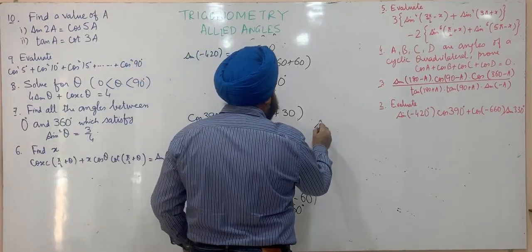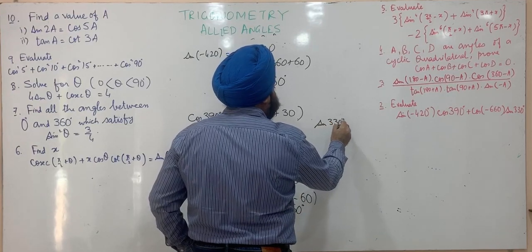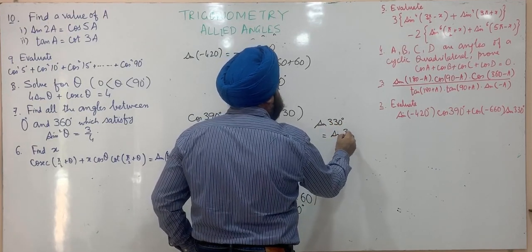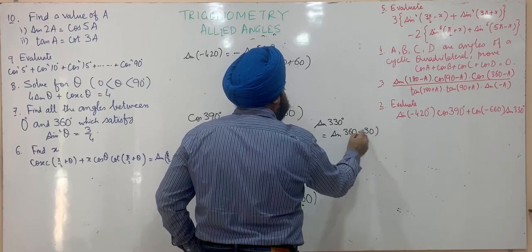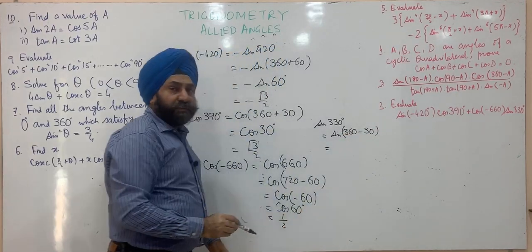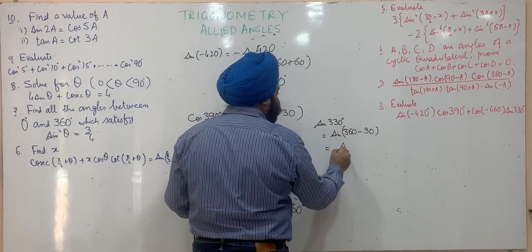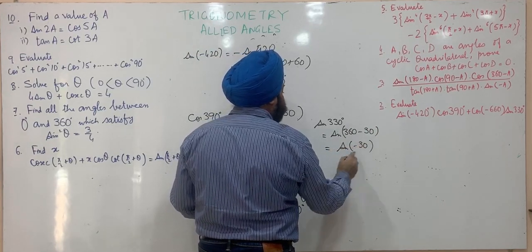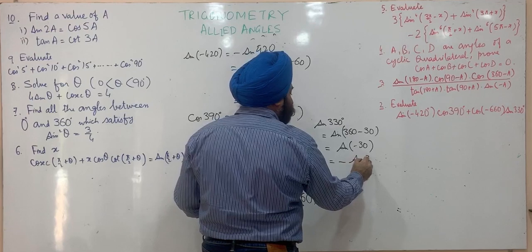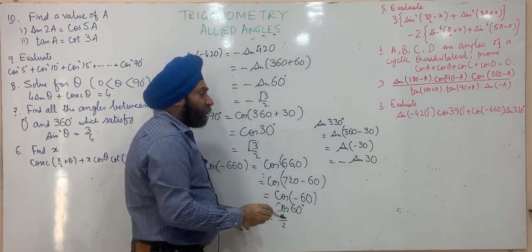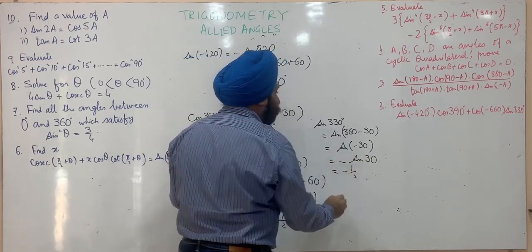Then we have sine of 330 degrees, which can be written as sine 360 minus 30. We leave the 360, remove this. This is sine of minus 30, which is minus sine of 30 degrees, and which is minus half.